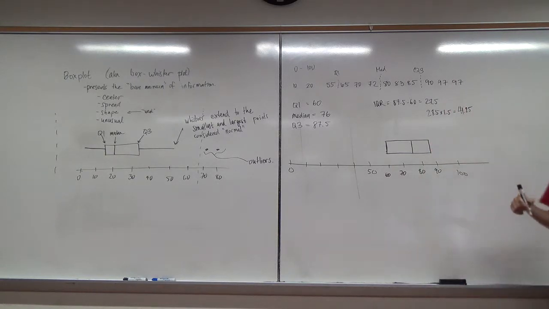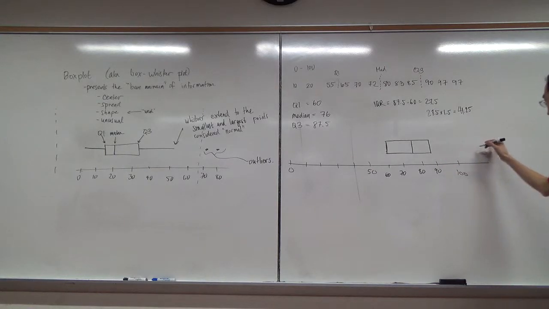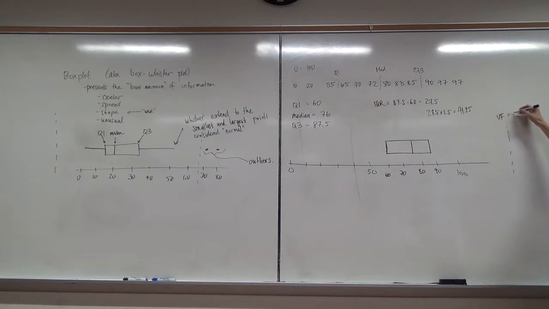So I would start at Q3 and I would go out 41.25. So my upper fence would be 87.5 plus 41.25, so that's like 128.75.